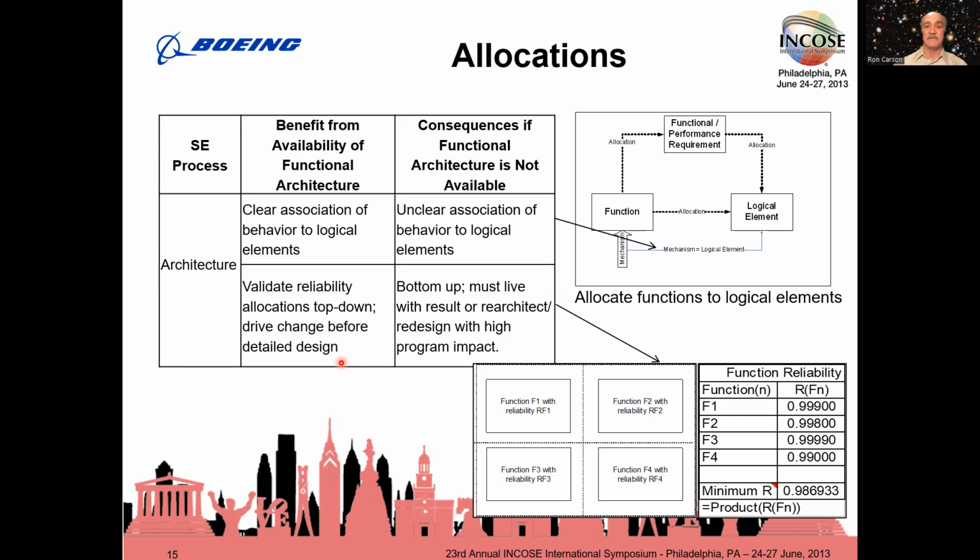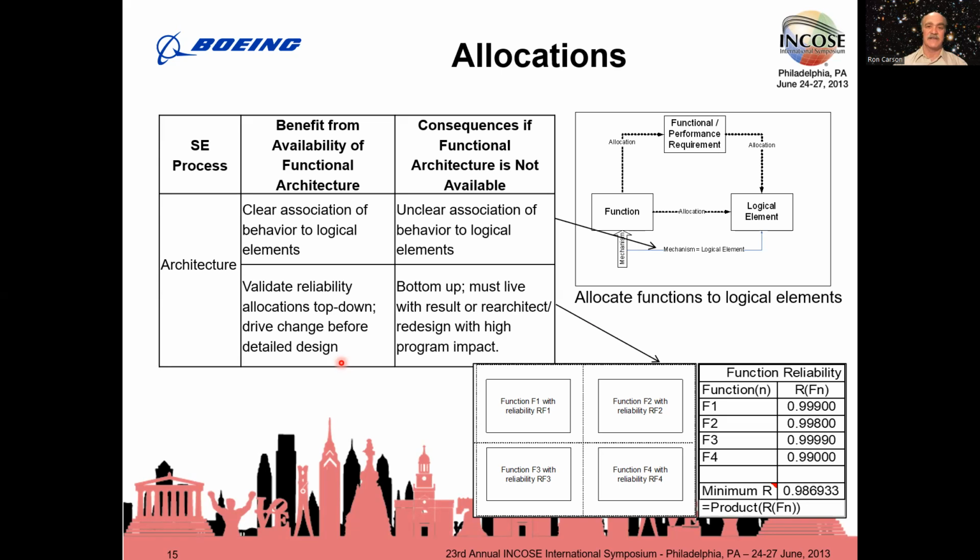Subsystem reliability allocations can be validated by potential solutions to ensure that we can actually satisfy them. And if not, then we have a couple of options available: either revise the logical architecture, or attempt to improve the logical element reliability in order to achieve the functional reliability.